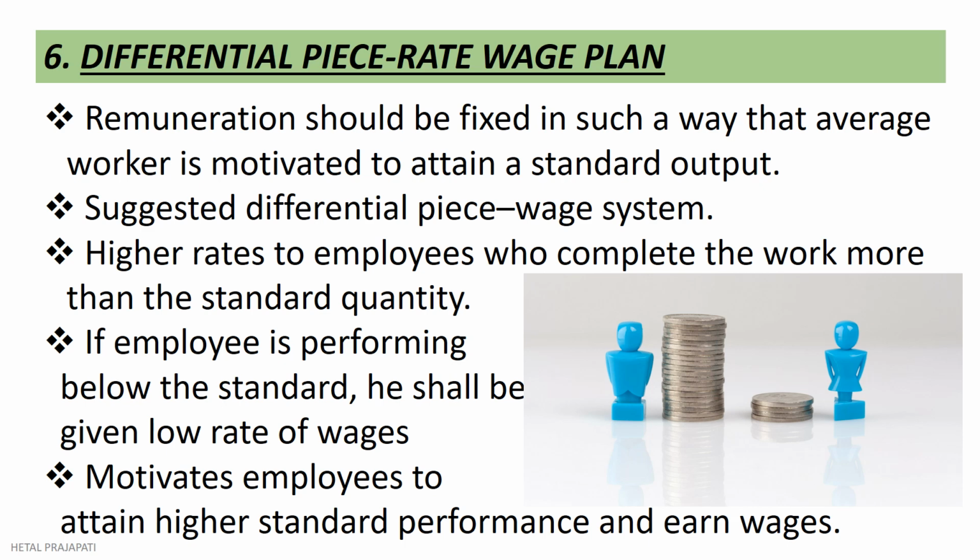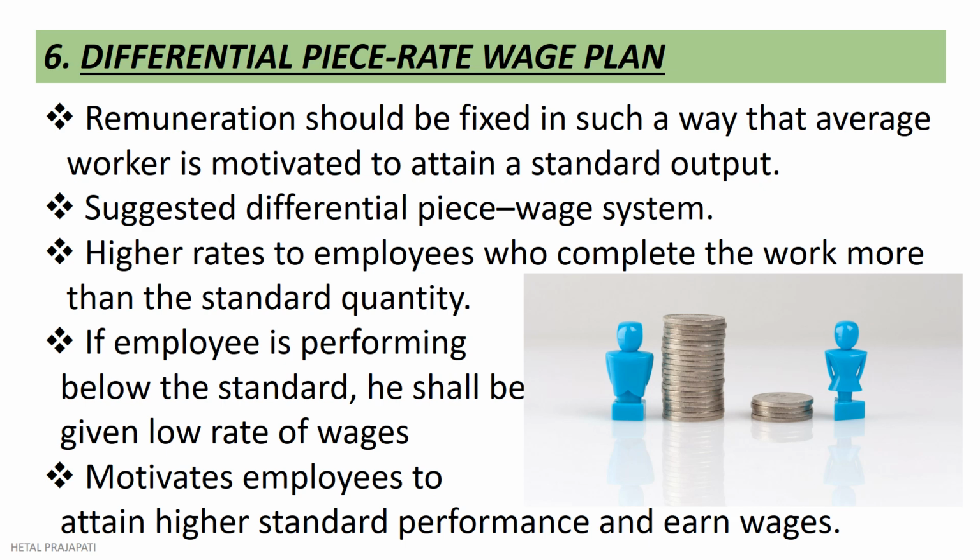Let the standard output per day be 20 units, and the two wage rates be rupees 5 per unit if an employee achieves the standard output, and rupees 4 per unit if the employee doesn't achieve the standard output.